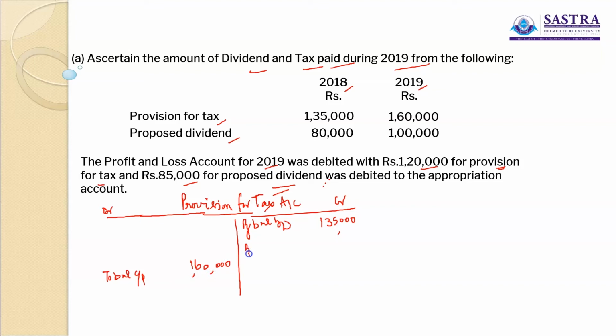So by P&L account, it is current year provision. Current year provision is given as 1,20,000.